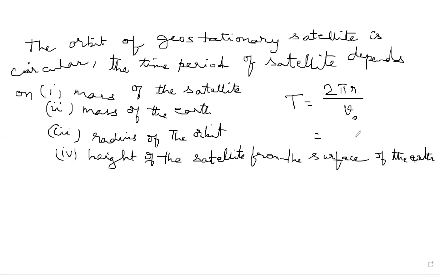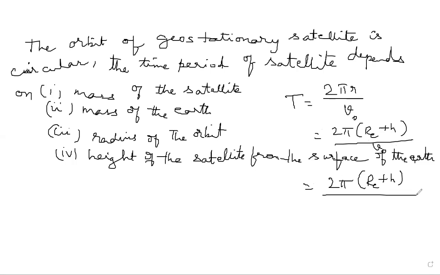So 2 pi (RE plus H) divided by V naught, the orbital velocity. So T is 2 pi (RE plus H) divided by square root of GME divided by (RE plus H).